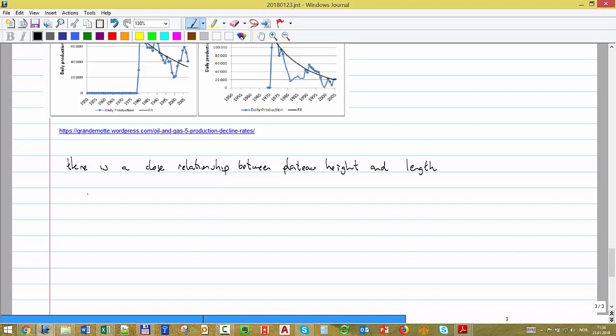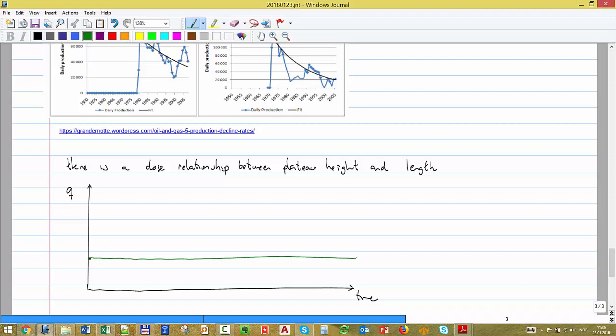Okay, I might produce, for example, the field in the two following ways. I can say I want a very low rate, and then I will take years and years and years until I reach the plateau end and essentially enter into decline.